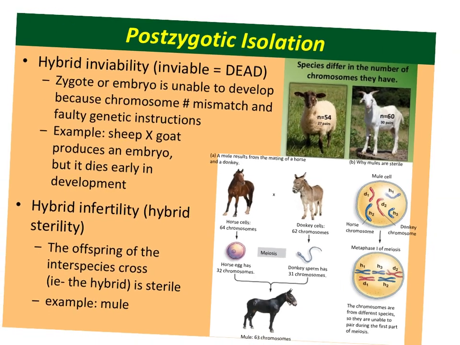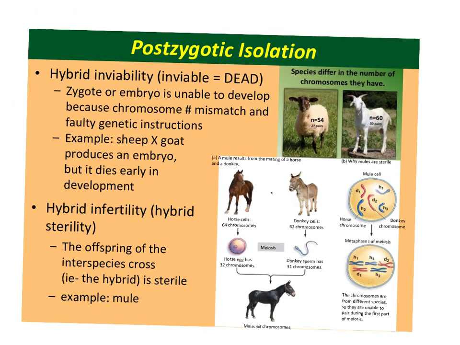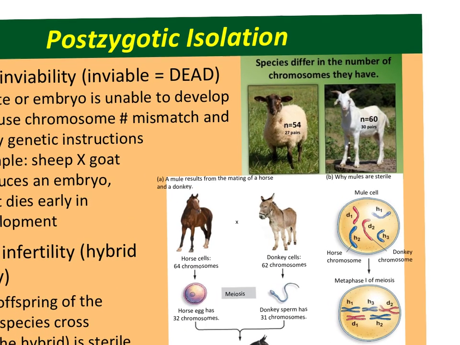Okay, now, post-zygotic isolation. So, hybrid inviability or lethal hybrid. Either there's a zygote, but it dies right away or soon, or something else happens. So, sheep and goats are close together, but they actually have different chromosomes.